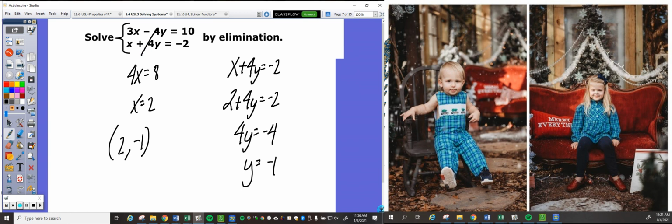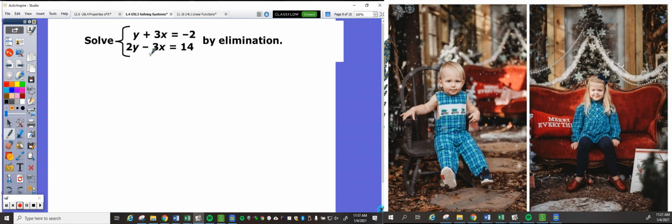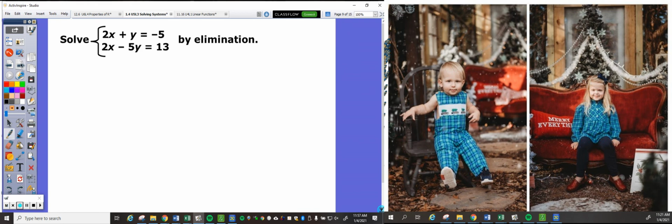If I come over here and look at this one right here, I have 2x plus y equals -5 and 2x minus 5y equals -13. Well, I have the same number in front of the x's, but I don't have different signs. So take one of the equations and multiply the entire thing by a negative, or just change the signs of everything.